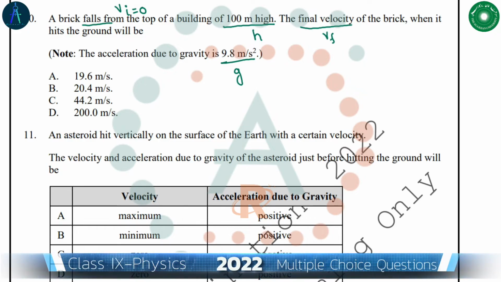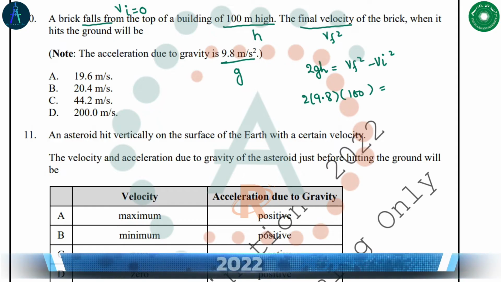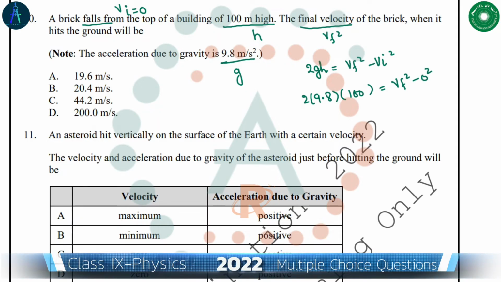So once again we will be applying the same formula. 2gh equals Vf square minus Vi square. So 2 into 9.8 multiplied by 100, that is the height, equals Vf square minus 0 square.